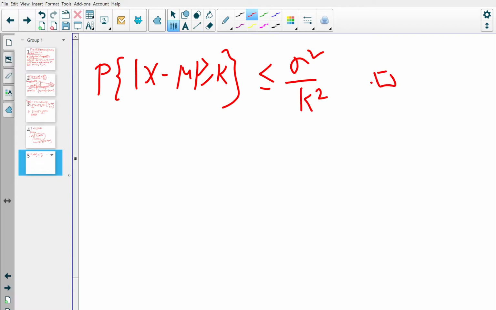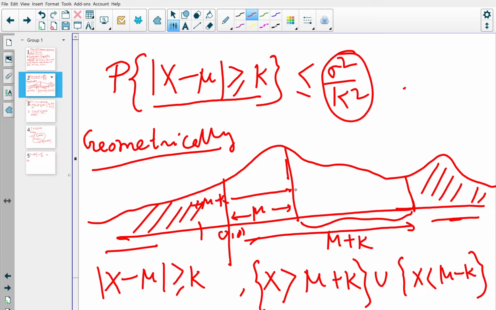Okay, and so immediately you have a corollary. The corollary tells you, what about the complement portion? The probability inside this complement portion, mu minus k to mu plus k.